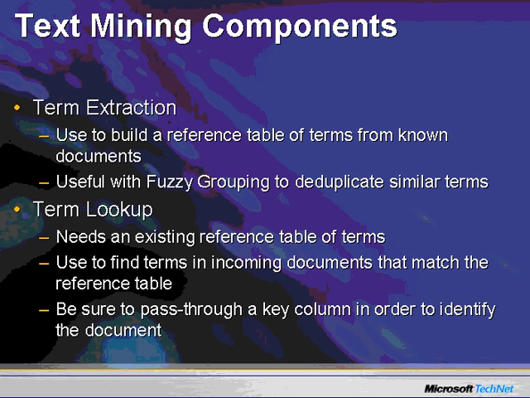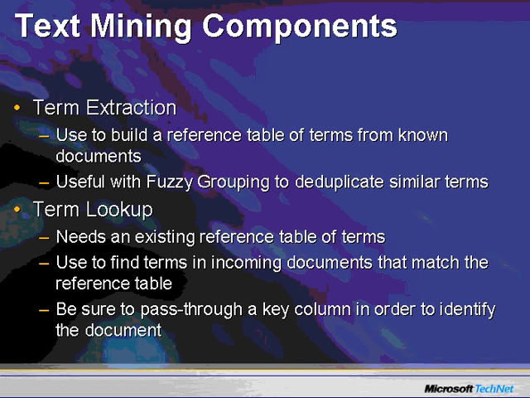A good example of this might be if you were scanning something like resumes from job applicants. You might want to say, well, what key terms do I find in my successful job applicants? And take all the resumes of existing employees, who are by their nature successful applicants, and extract the reference terms from them.